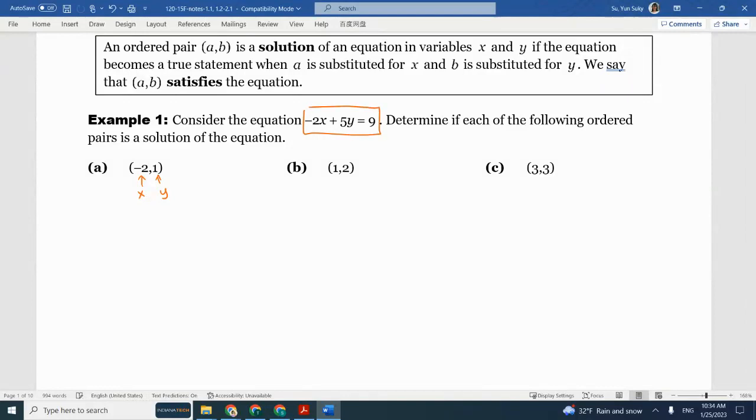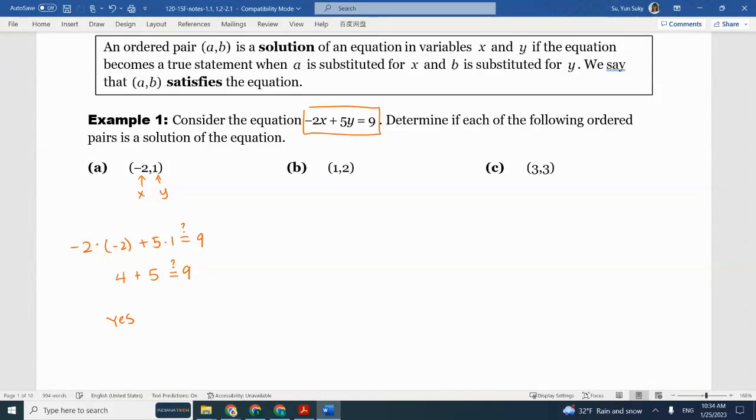So look at our equation. On the left-hand side, we have -2 times x. So we plug in x is -2, plus 5 times y. Y is 1. And is it equal to 9? Let's see on the left-hand side. -2 times -2 is 4. 5 times 1 is 5. Is it equal to 9?